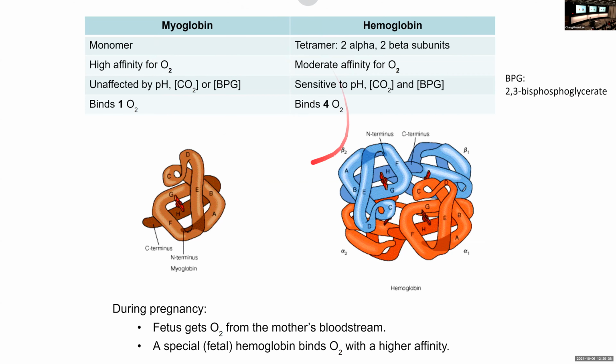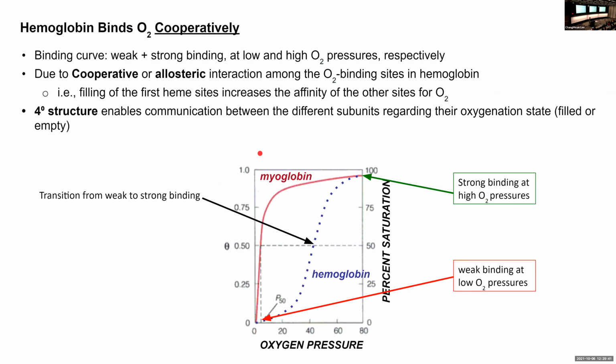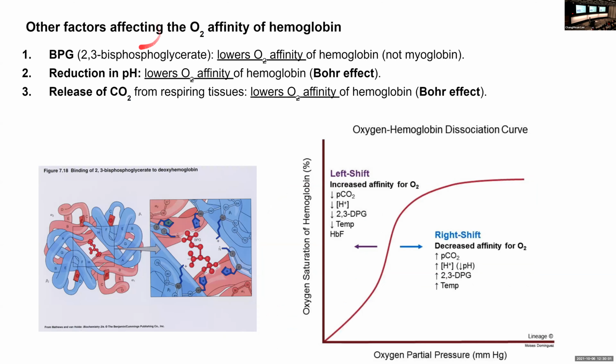We talked about how they behave, and also how only hemoglobin has cooperativity in oxygen binding, and how it works, the conformational changes, allosteric changes, and the differences to myoglobin too. And we also talked about the other factors that affect the hemoglobin affinity to the oxygen molecule, like these.